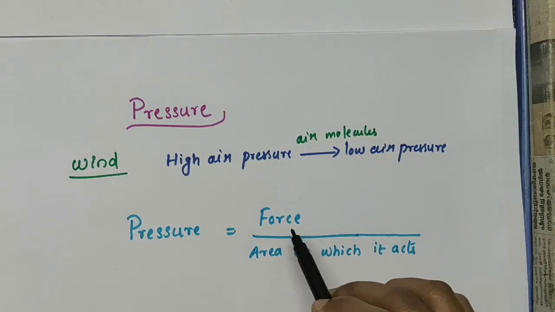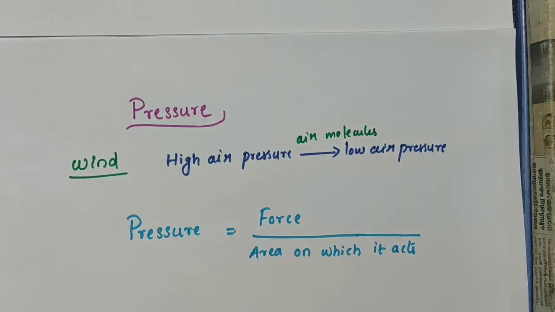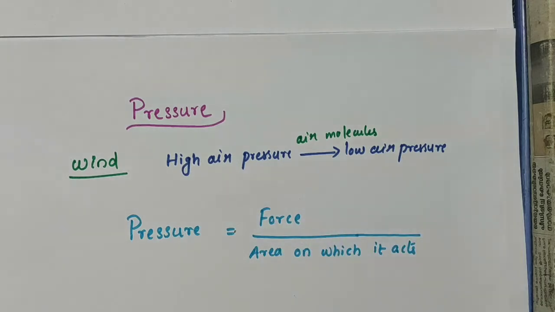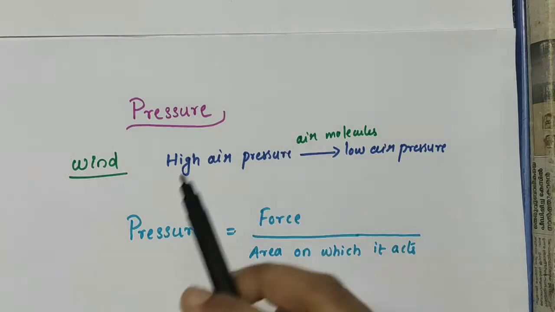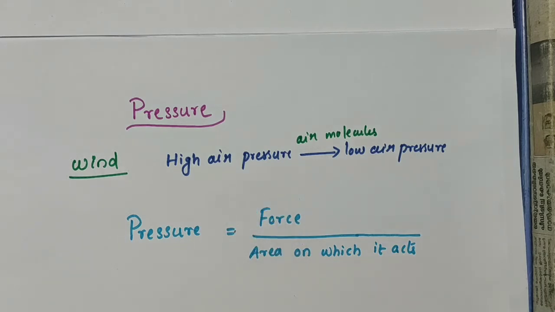So for a given force, the total value, that is pressure, increases. So the iron nail will get easily penetrated into the surface. Smaller the area, larger the pressure on a surface for a given force.